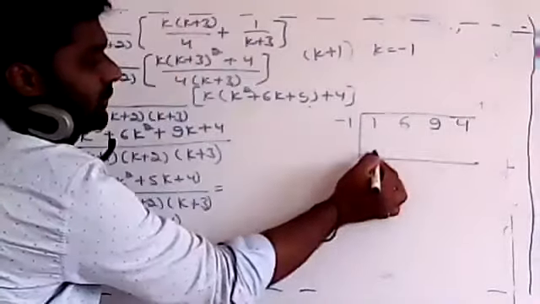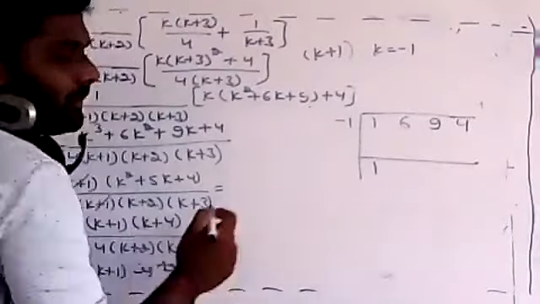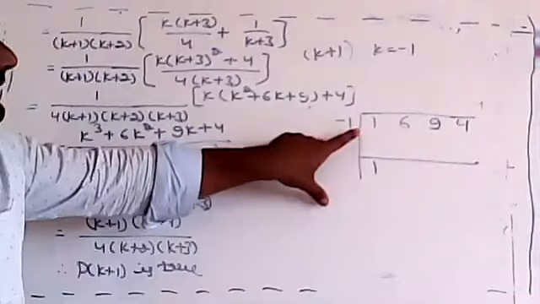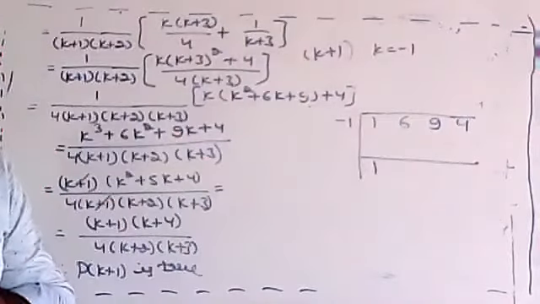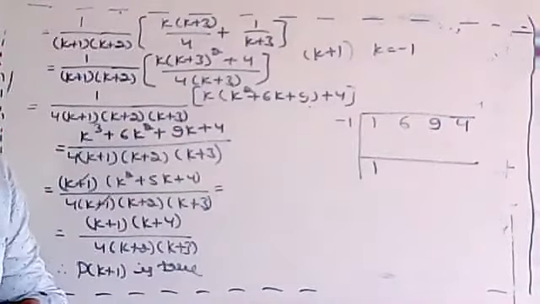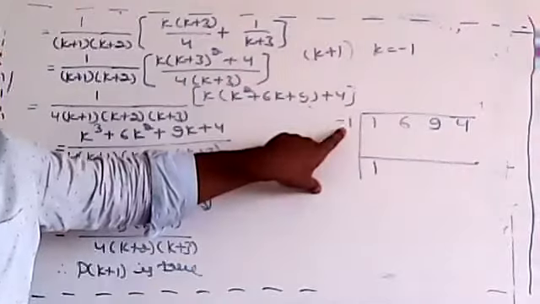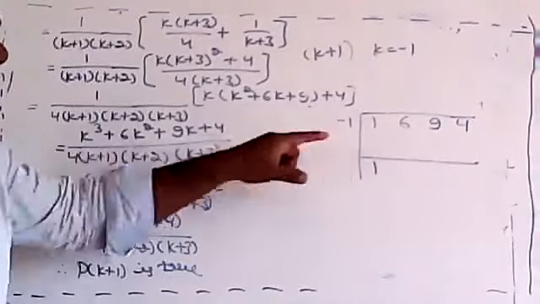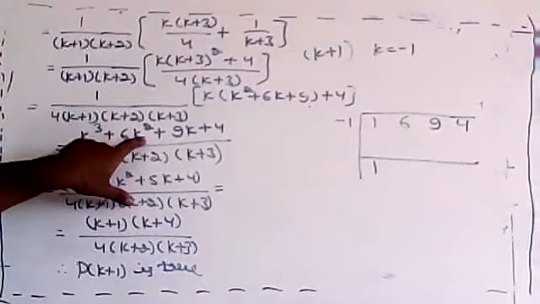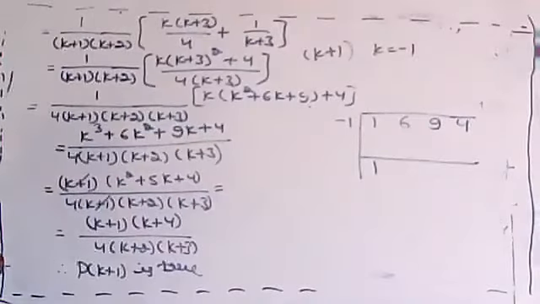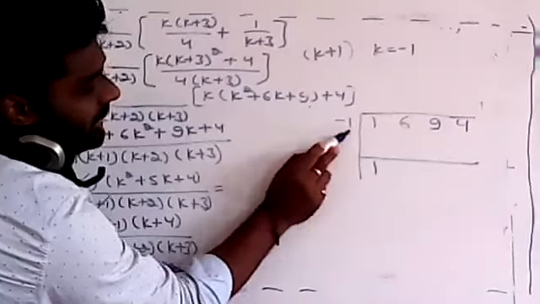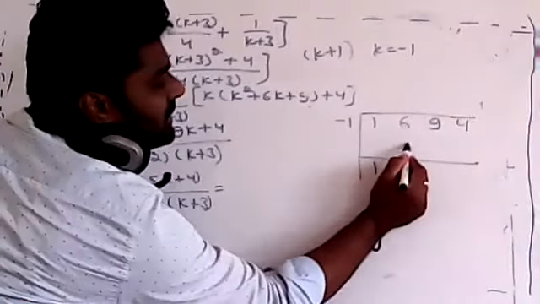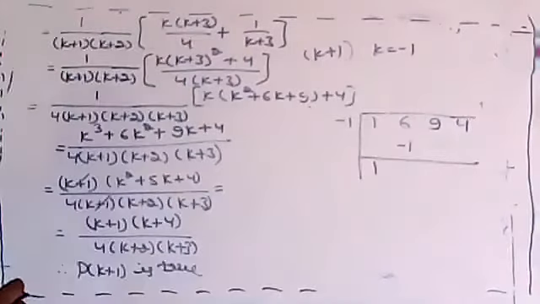So in the first one only you have to write the same. See, check this one. First we know that it should be k plus 1 only, by checking the P of k answer. So therefore k equal to minus 1, that one you take here, minus 1. Then write down all the coefficients, k cube, k square, k and constant. Then the first value same, as it is. Then you multiply.